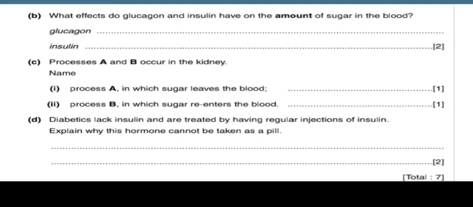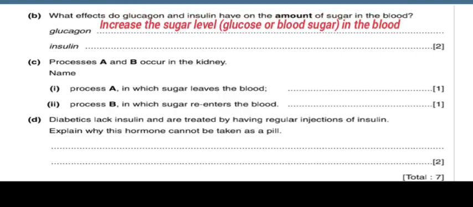Glucagon is only activated when there is less glucose in the blood. So the effect of glucagon is to increase the amount of sugar or glucose in the blood.